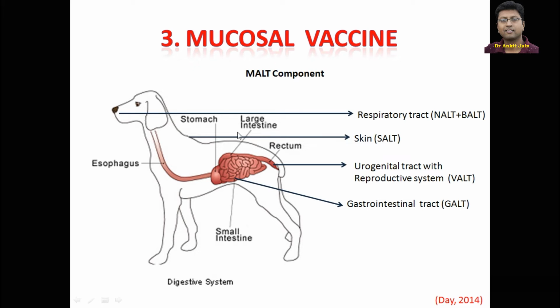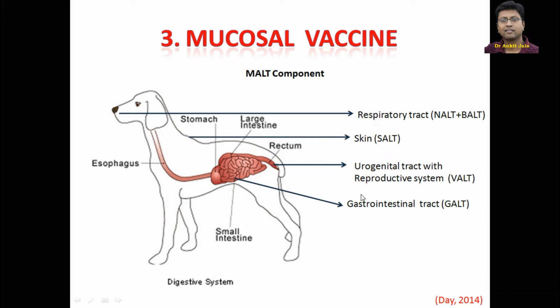So in the animals there are different types of mucosal systems, like in the respiratory tract, animals having NALT and BALT, that is nasal associated lymphoid tissue and bronchial associated lymphoid tissue, skin having SALT, skin associated lymphoid tissue, and the urogenital tract having VALT, that is vaginal associated lymphoid tissue, and in the gastrointestinal tract, animals having gastrointestinal tract associated lymphoid tissue.